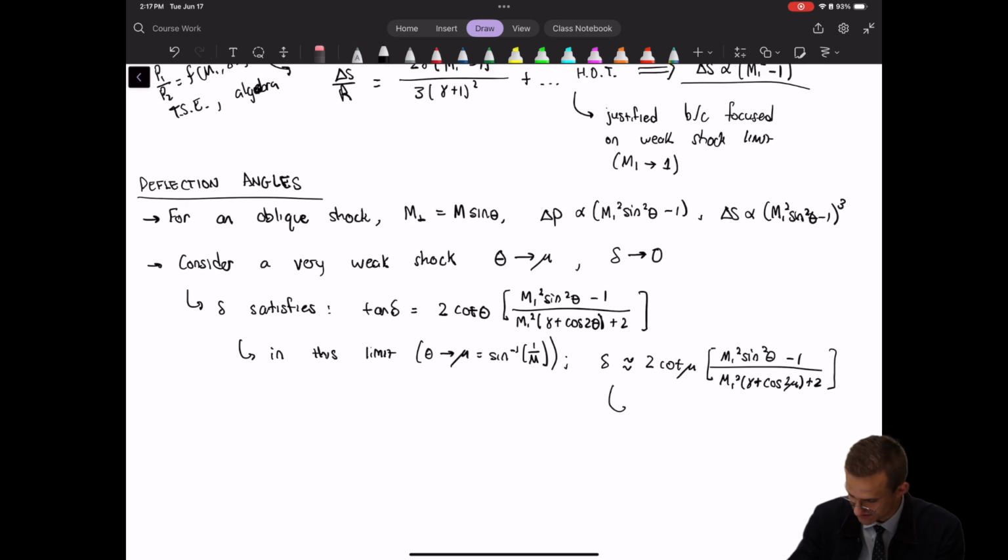And so that allows us to say that delta is proportional to M1 squared sine squared theta minus 1.